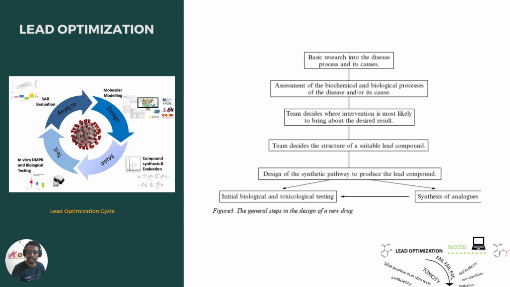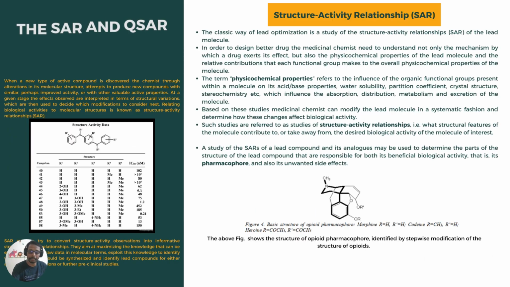After that, the team decides the structure of suitable lead compound. Once the suitable lead compounds are identified, then design of the synthetic pathway to produce the lead compounds in the laboratory will be done. Once that is done, synthesis of its analogs followed by biological and toxicological testing will be done. All this will be done in the lead optimization process and also in drug designing.